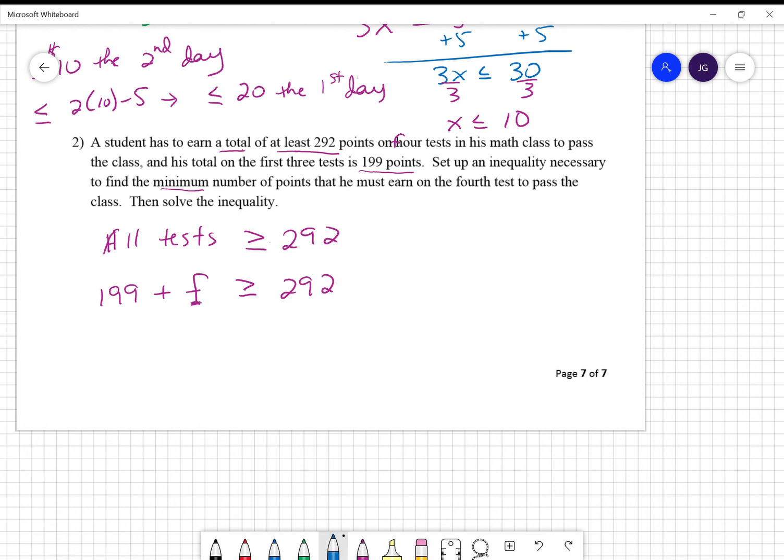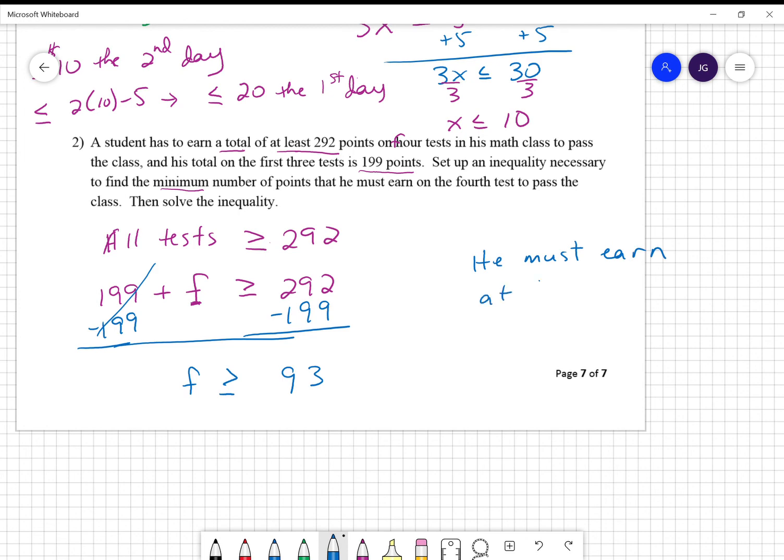Well, I solve that by subtracting 199. F is bigger than or equal to 93 points. He must earn at least 93 points. Another way to say that is 93 or higher.